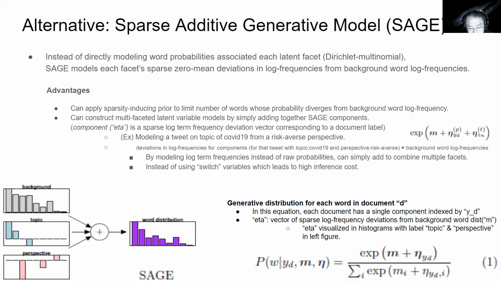For example, if the deviation is just this small, then just count it as zero, which makes this model sparse, which is desirable. So the inference cost can be very low. We no longer need the switch variable.